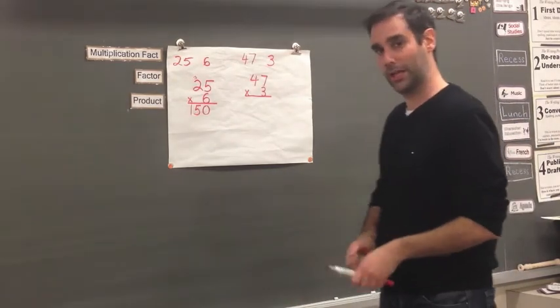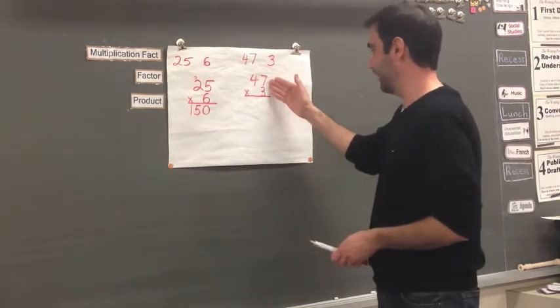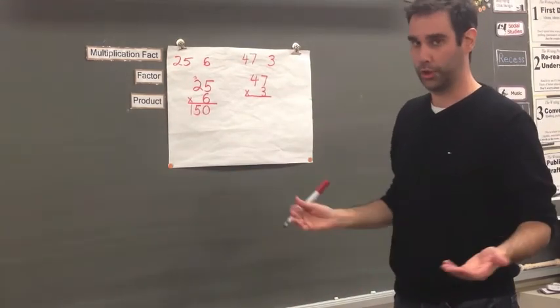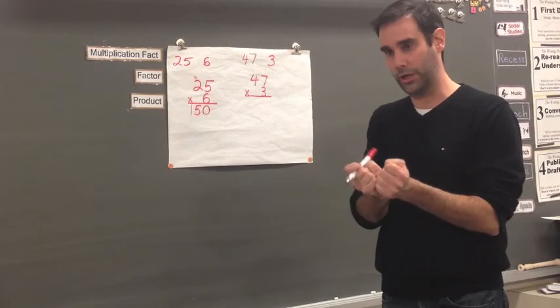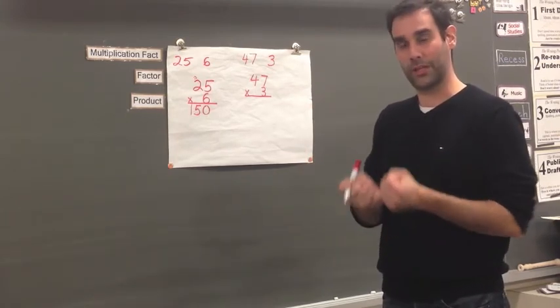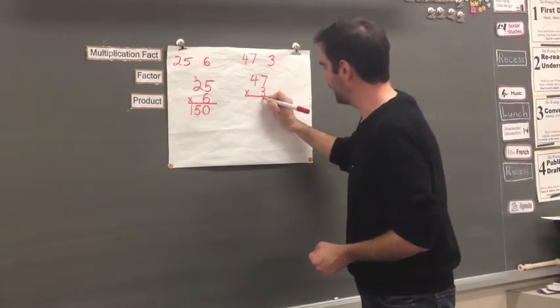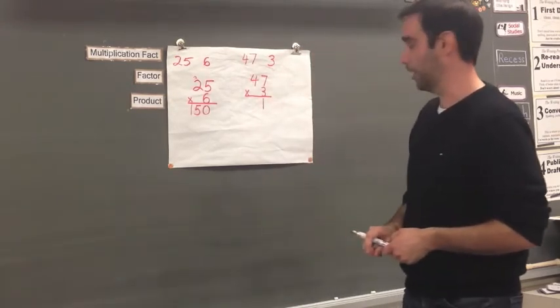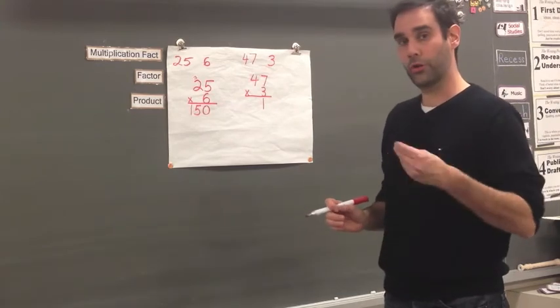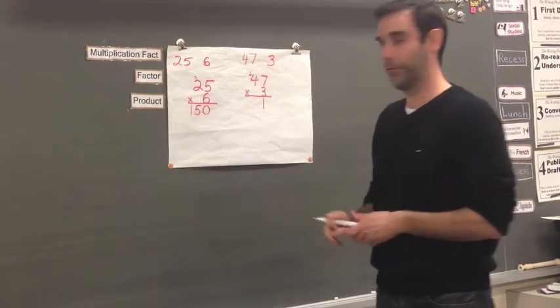All right, so again, starting at the right, moving over to the left. 7 times 3 is 21. I'm going to take that number 21 and split it apart. Which digit is in the ones column in the number 21? Happens to be 1, so it's going to go right down here. That 2, we're going to carry over on top of the 4.